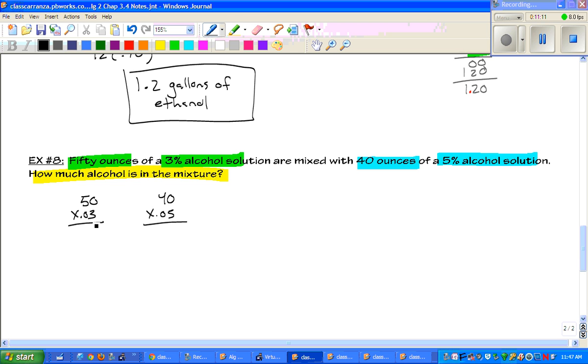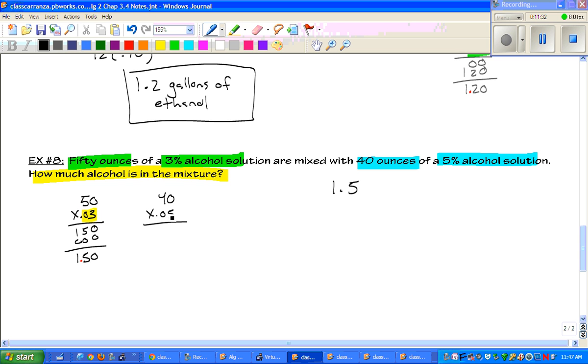Multiply 3 times 0 is 0, 3 times 5 is 15. Multiply that out, and just remember there are 2 numbers behind the decimal. So the first one is 1.5.